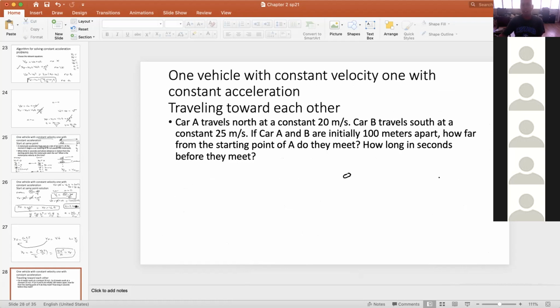So here's this same problem done in a slightly different way. So now instead of them meeting, they're still going to meet, but now they're starting 100 meters apart. And this motorcycle is doing the same thing. It's taking off with some acceleration, and they're going to meet somewhere in between here.